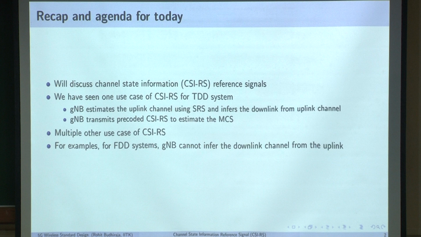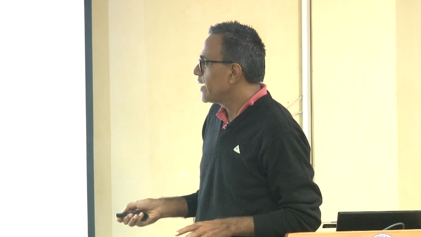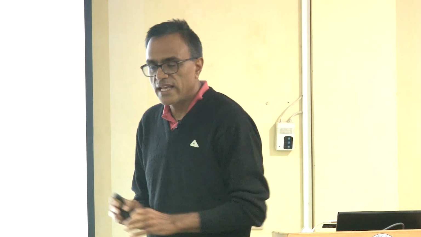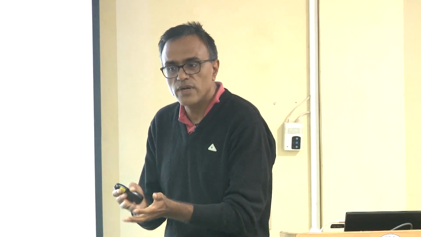Because the gNodeB does not have the precoder information, what it does is it sends unprecoded CSI-RS for the UE to estimate the downlink channel.